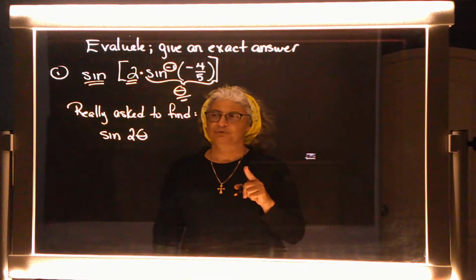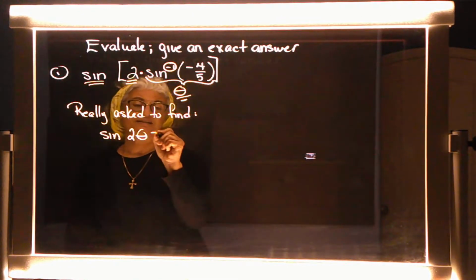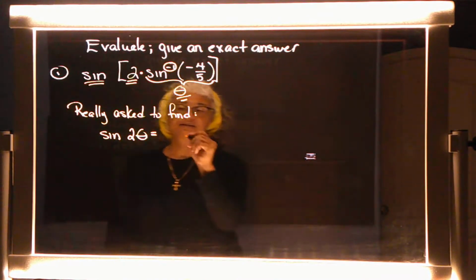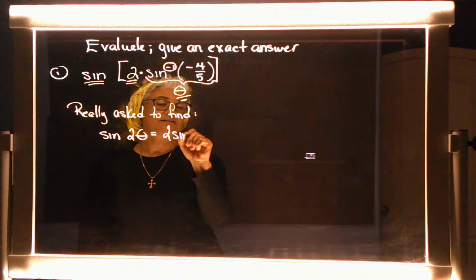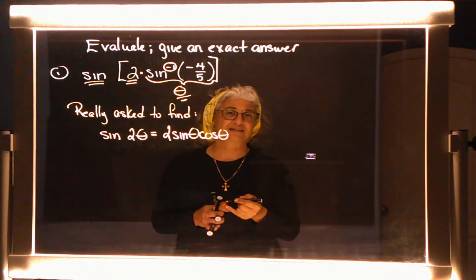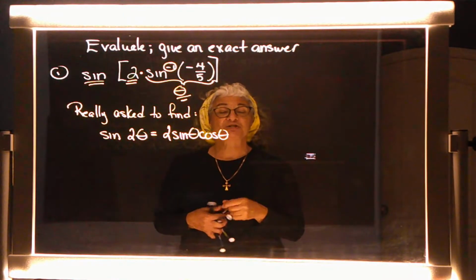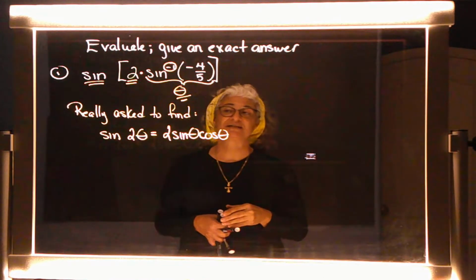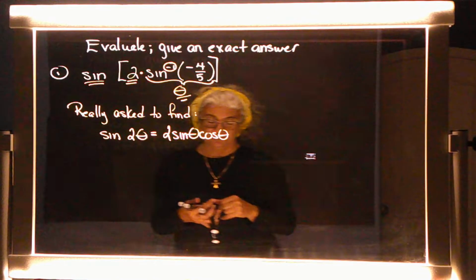Okay, so to find the sine of 2 theta, I have to reduce it from a double angle to a single angle. And the formula, or the identity, to reduce it looks like this, doesn't it? Which means I need to actually know the sine of theta and the cosine of theta in order to find the sine of 2 theta.